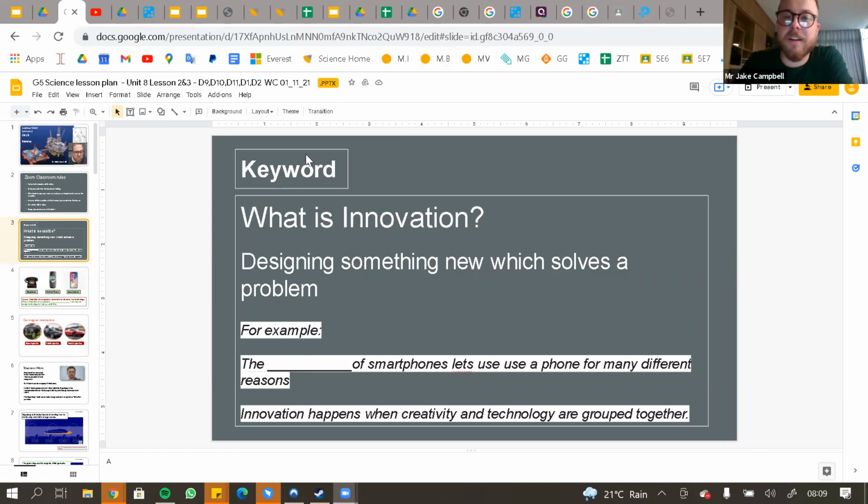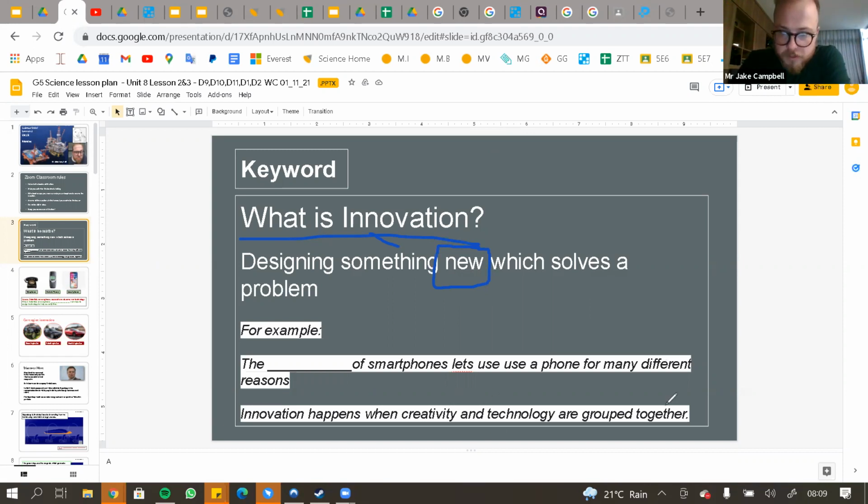Can you say that bit again? What is innovation? Well pronounced. Innovation: designing something new which solves a problem. Designing something new, new from something old. This is a very important part of this word.